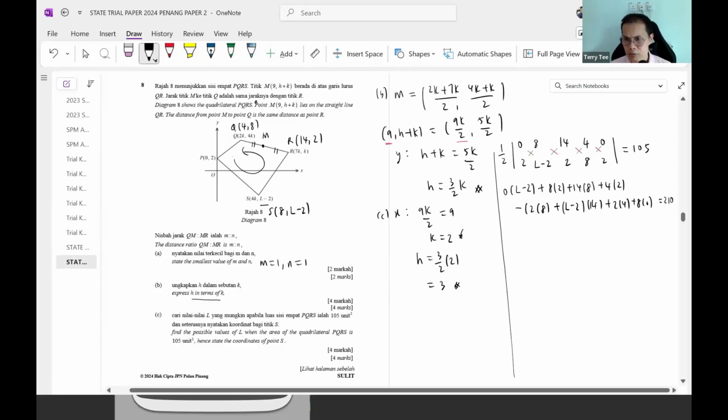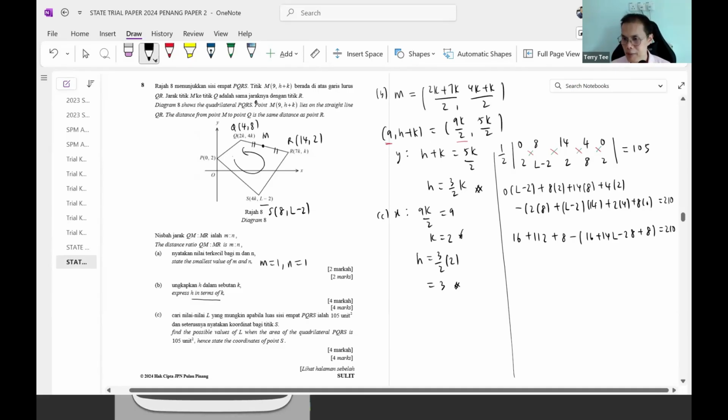L minus 2 times 0 is just 0, no need to write down. So you have 16 here, 14 times 8 is 112, 4 times 2 is 8. Minus 16, 14L minus 28 plus 8. The result is 210.